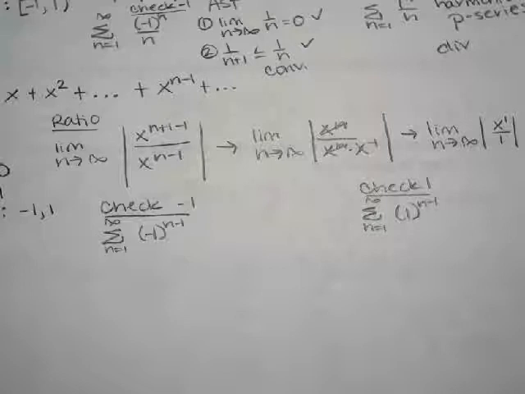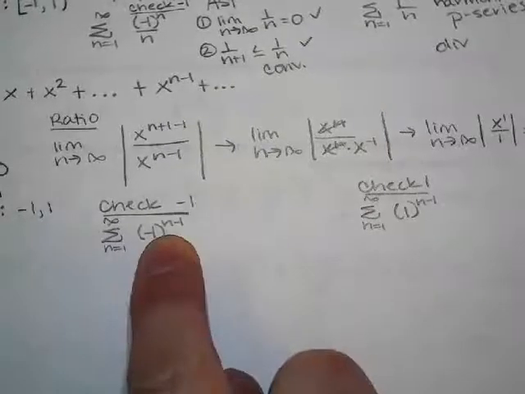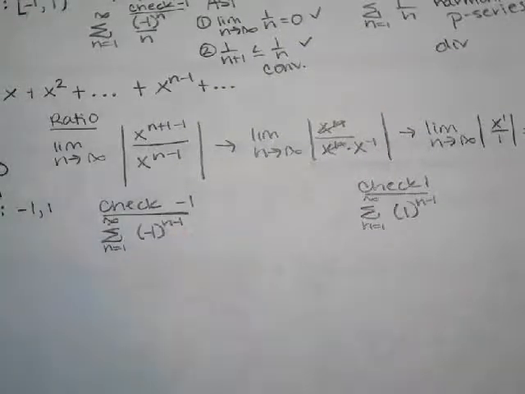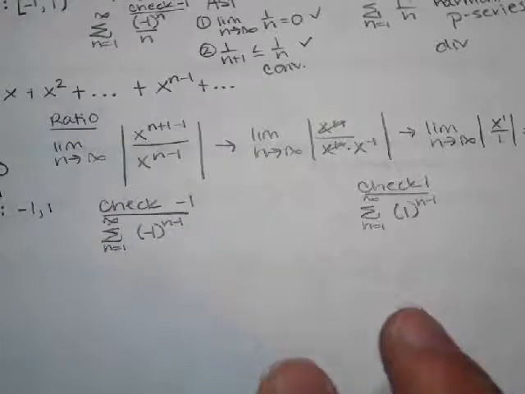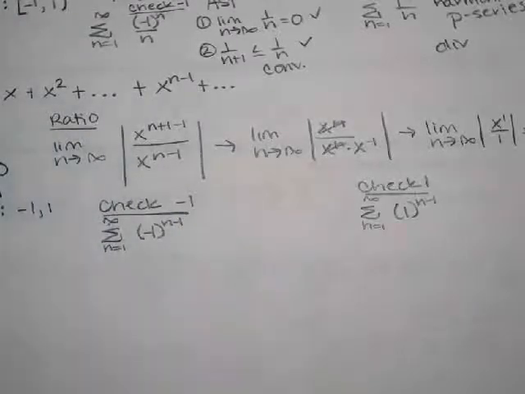So if you did geometric for both of them, or nth term test for both of them, what would your conclusion be? Diverges. Yeah, so here with geometric, your r is -1. Here with geometric, your r is +1. So that's diverges conclusion for both of them.